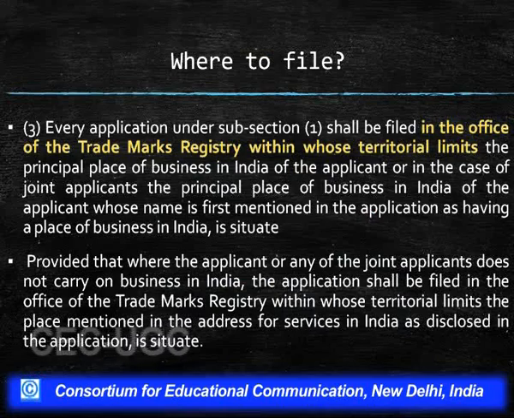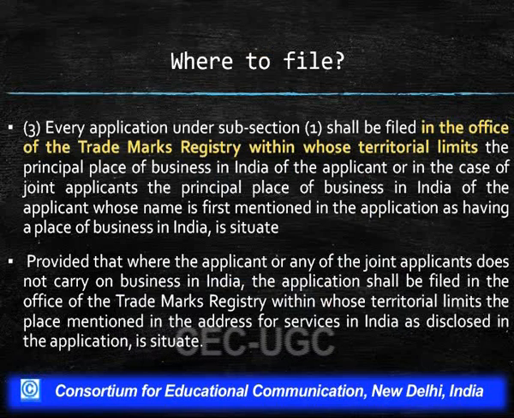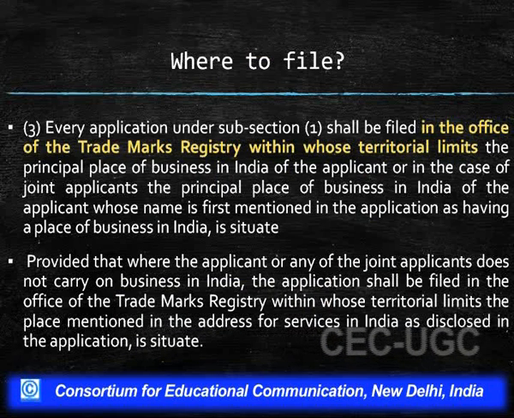At that address the application will lie, provided that, if you see the screen, the proviso to Section 18(3) reads: where the applicant or any of the joint applicants does not carry on business in India. It is a situation where they are not carrying on business in India, they have business outside India, but they are desirous of getting their trademark registered in India.